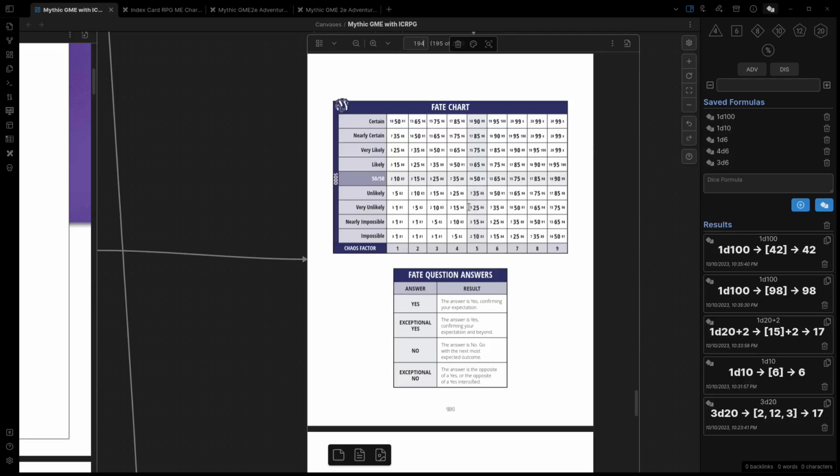However, what we're looking at here is the chaos factor is 5 currently, and then our odds of making it to the generator, or what was the question?